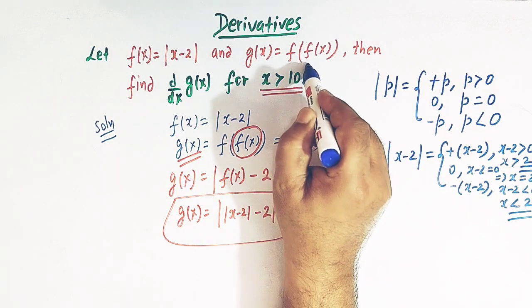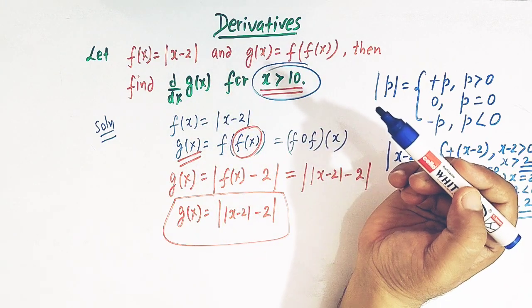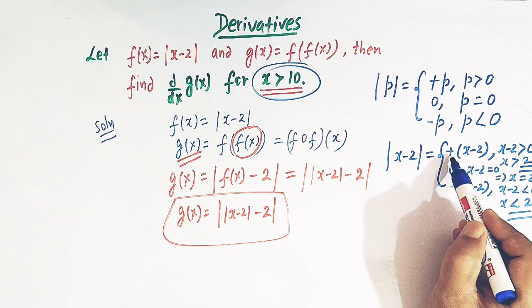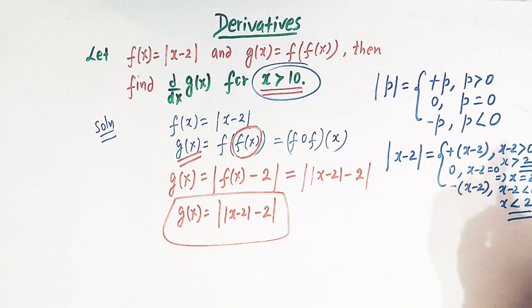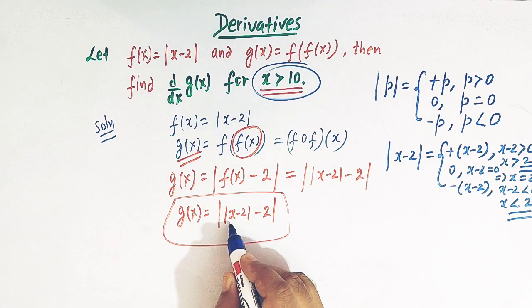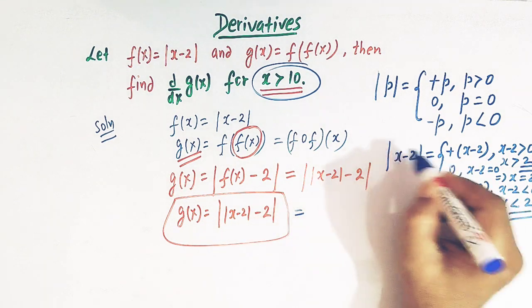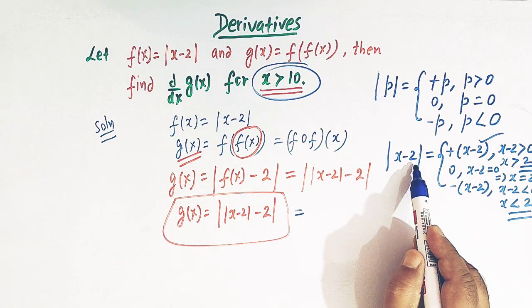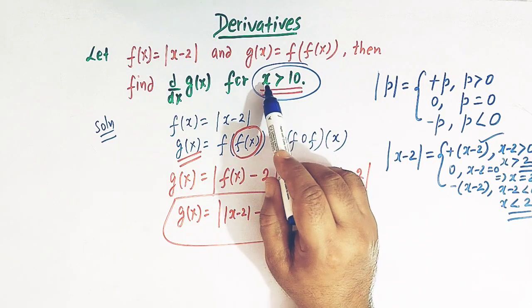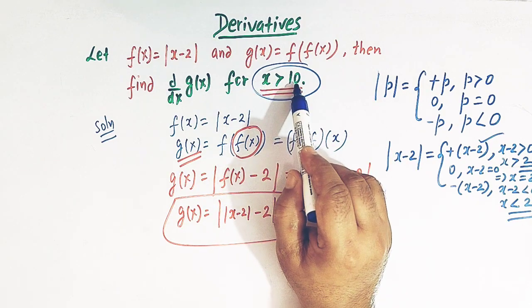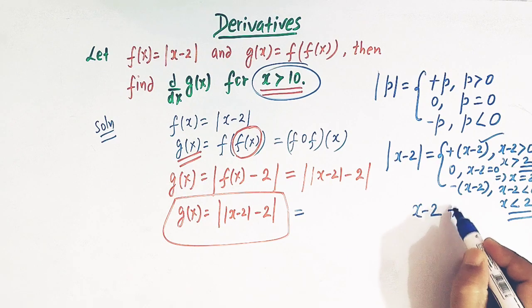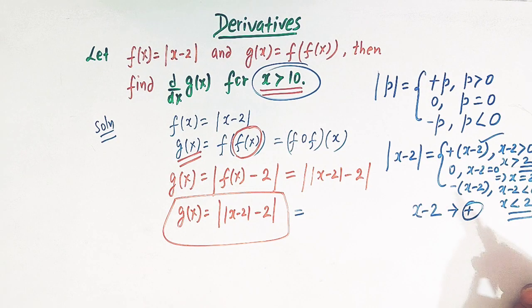Now see, here we have x greater than 10, right? And here mod of x minus 2 is equal to positive x minus 2 when x is greater than 2, right? So what we will do here, we'll take this definition of mod of x minus 2, right? Because all values of x which are greater than 10 would make x minus 2 a positive quantity, right?